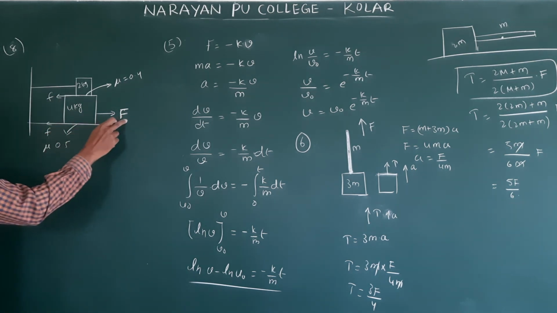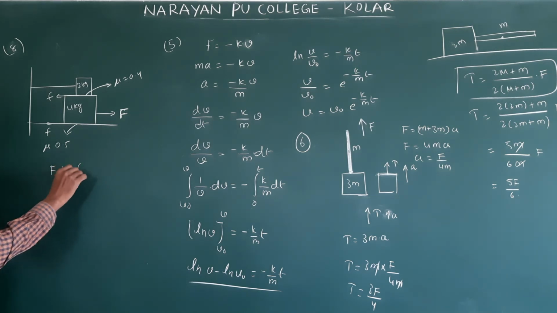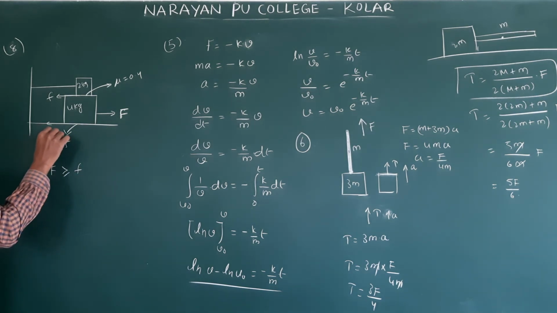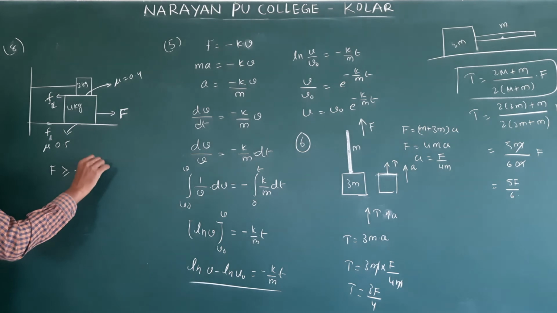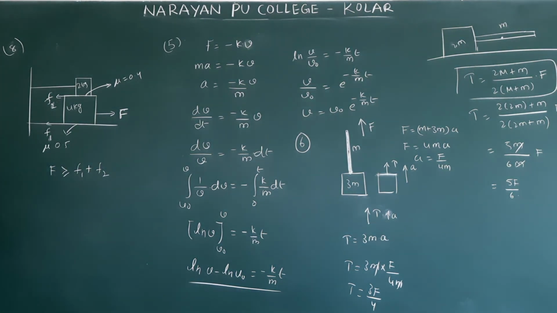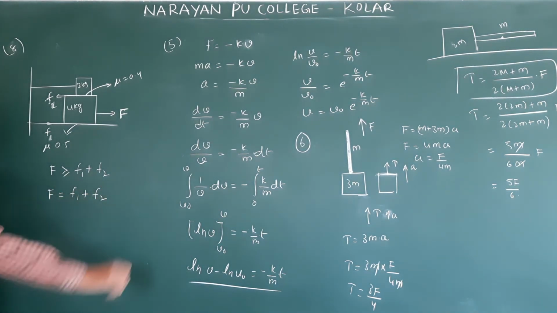They are asking for the minimum force. So F is greater than or equal to F1 plus F2. Clear? They are asking the minimum, so I equate F to F1 plus F2.